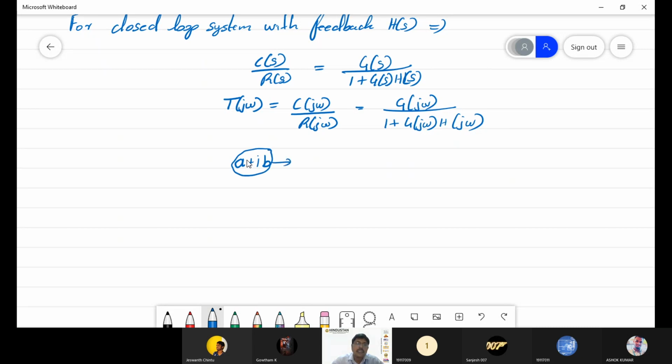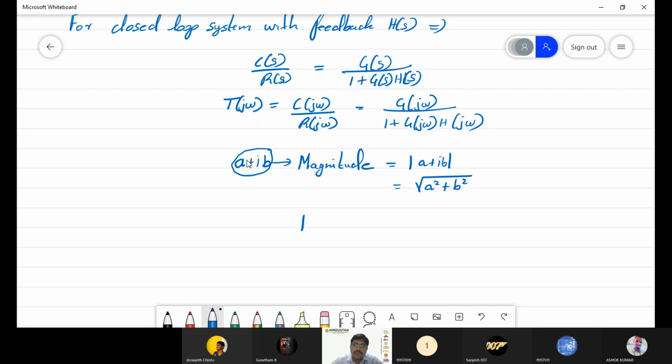For example, if I need the magnitude, how can I write it? The modulus of a plus ib is equal to root of a square plus b square. I hope you studied.